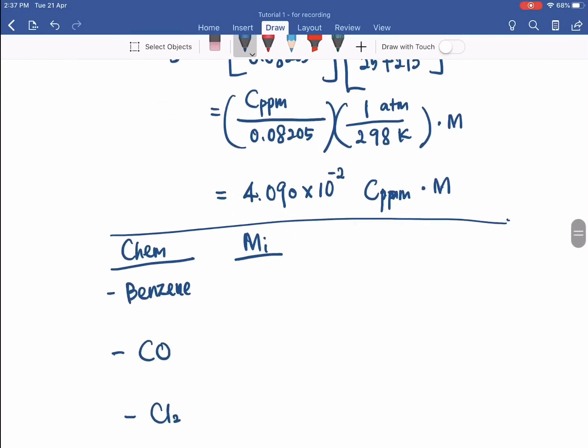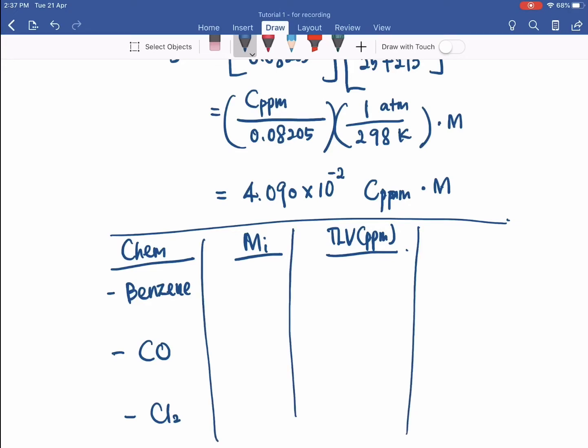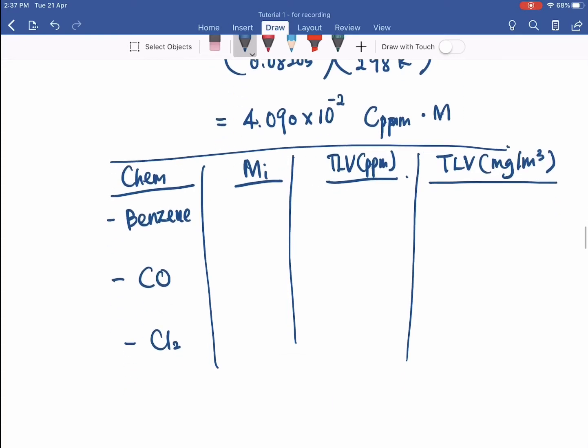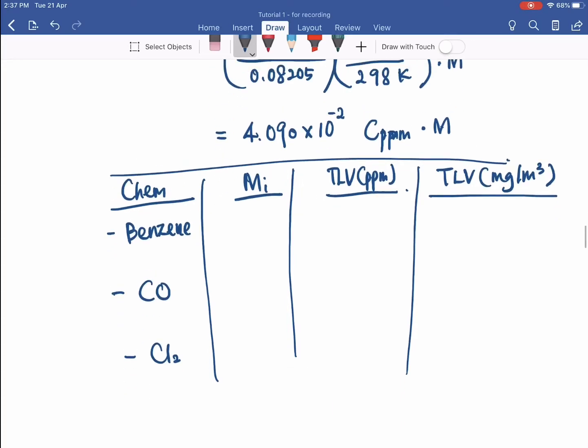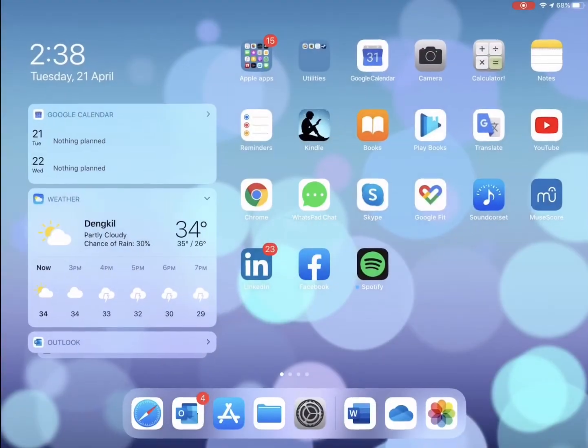So I need to know the TLV in terms of ppm so that I can do the conversions, and then convert the TLV in terms of mg per meter cube. Let's look back at where we find all these values. It is in the booklet, so don't worry, just go back to the booklet.